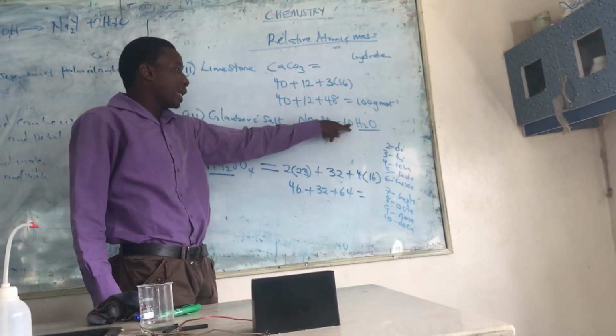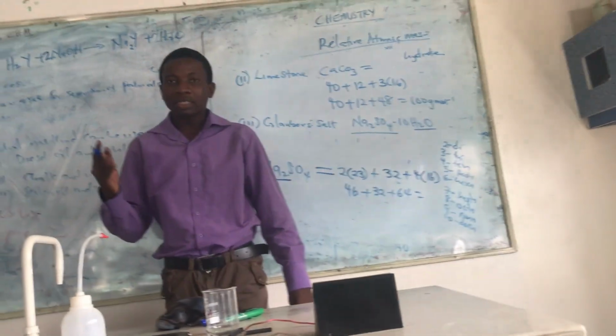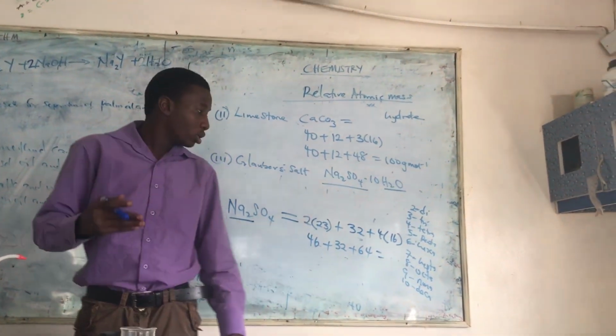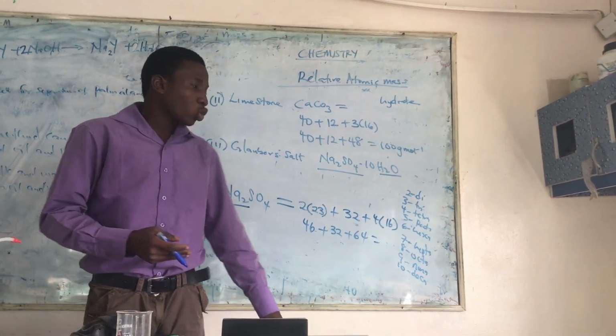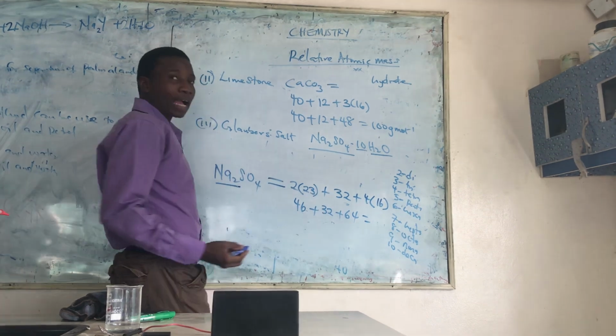So what is 10 here? Deca, as in decagon. If you remember your mathematics, you have pentagon, hexagon, octagon, nonagon, decagon. So whenever I see 10 here, it means deca.